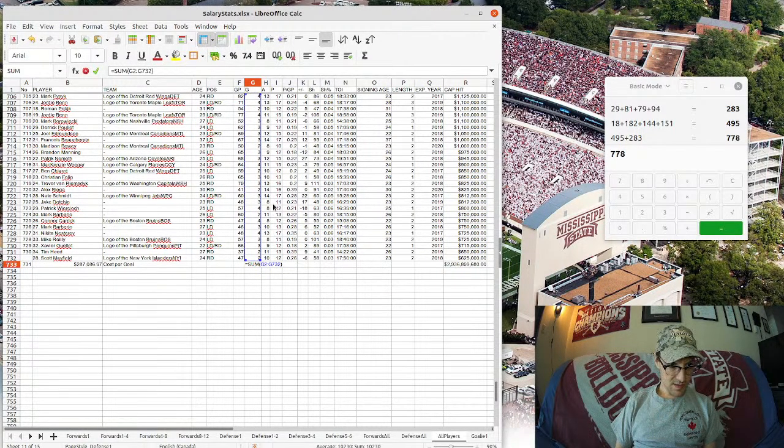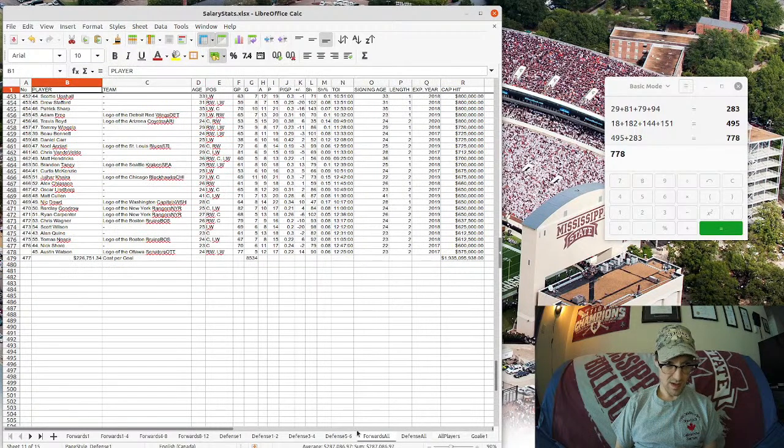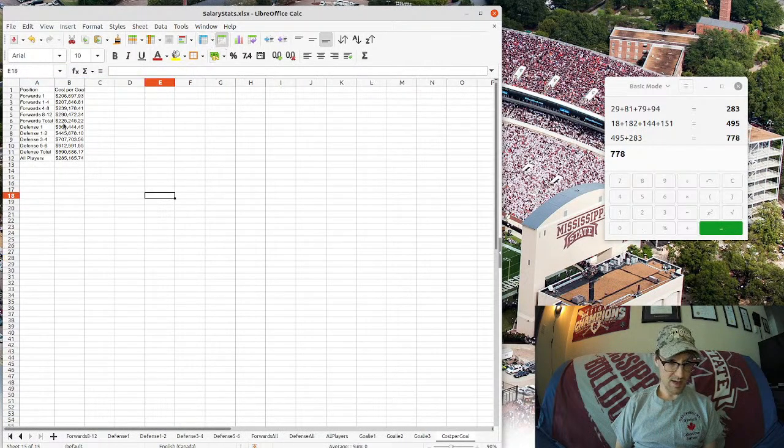G2 to 732 is good. That divided by that. So that should be good. I forget if I did that already. Don't think I did.